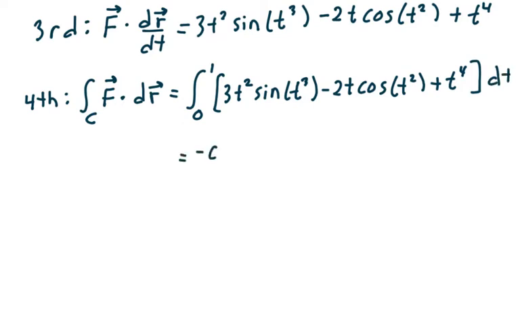And so this is negative cosine of t cubed, right? It's a pretty straightforward substitution. If you keep in mind, if I were to have let u equal t cubed, my du is perfect. It's 3t squared dt. And so really, I'm just thinking of that as integrating sine of u du, which is just negative cosine u, where u is t cubed.